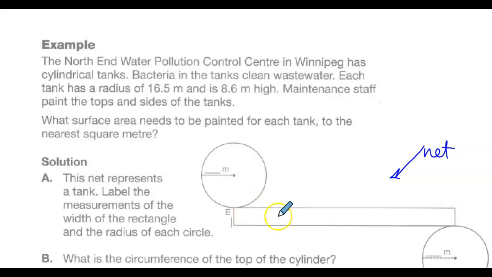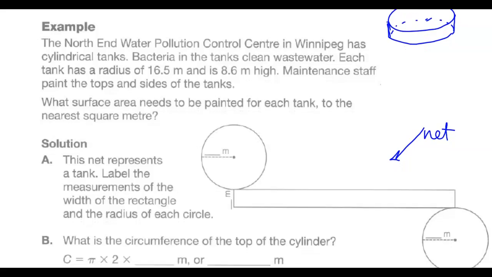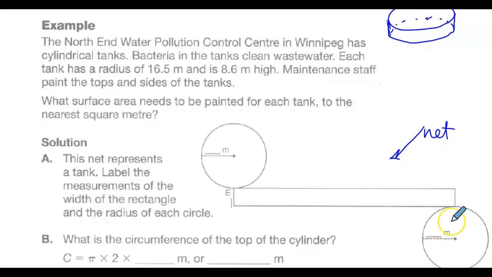This is actually the net. So really, it's a big cylinder, straight down, big circle. And this long rectangle is the outside part to it. So it's one rectangle and two circles.